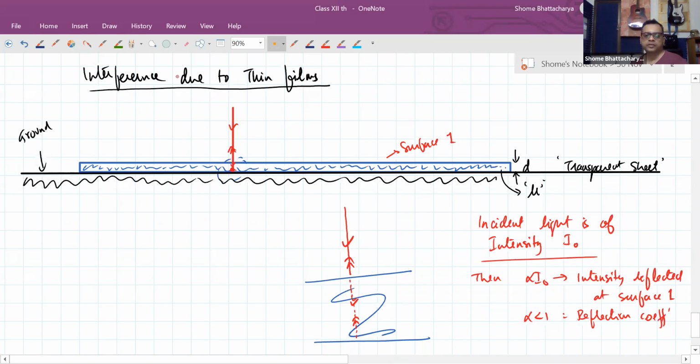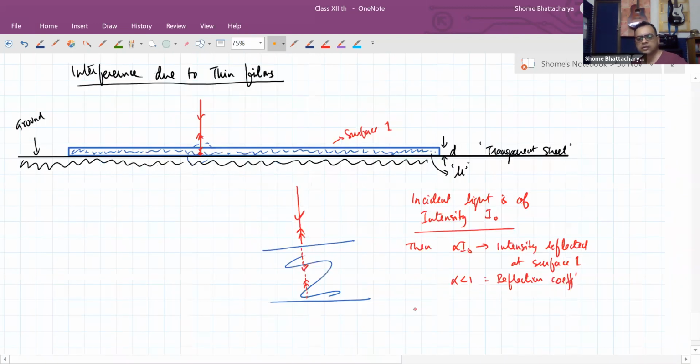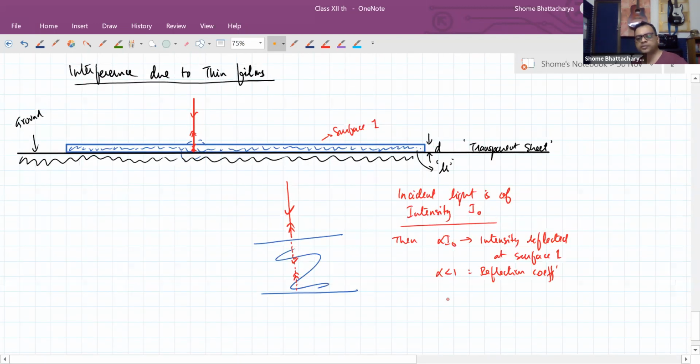Okay. And what will happen is beta I naught will be the intensity of light transmitted. That is this.